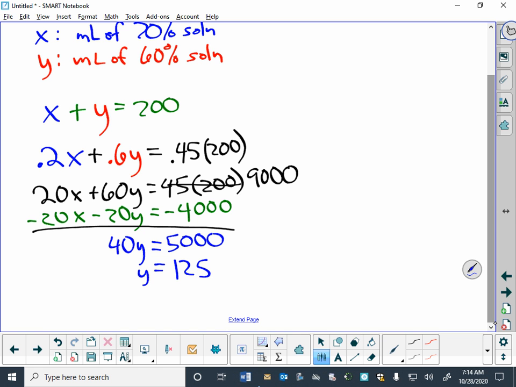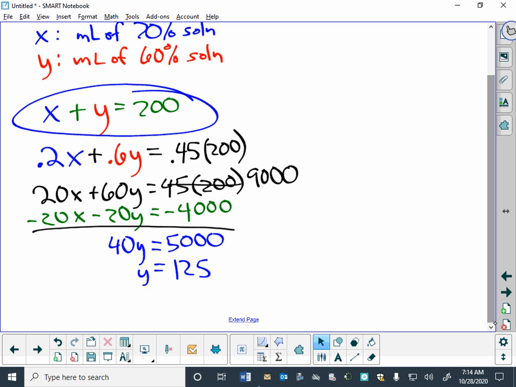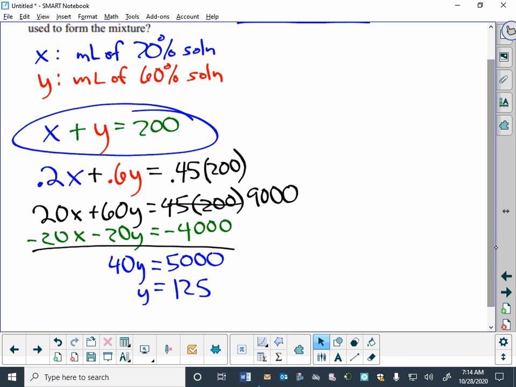So I have 125 milliliters of the 60% solution, which means the other 75, since I know they have to combine to give me 200, the other 75 would be the milliliters of the 20% solution. Okay?